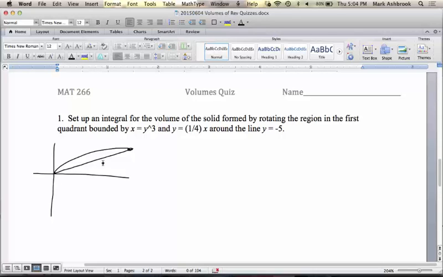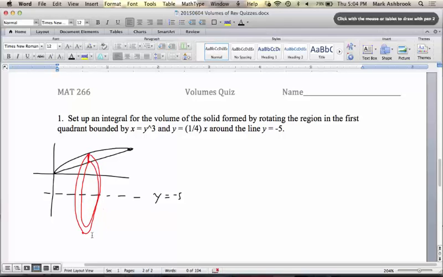So for washers, it's going to be this way. It's going to look like this.